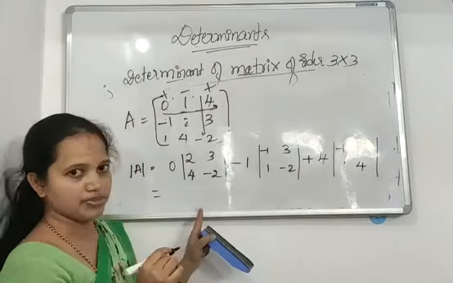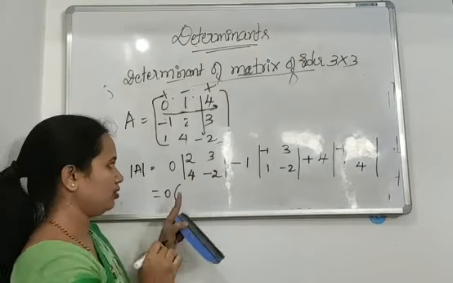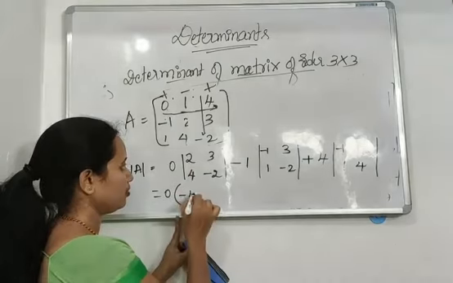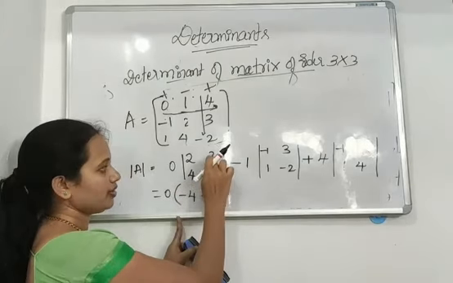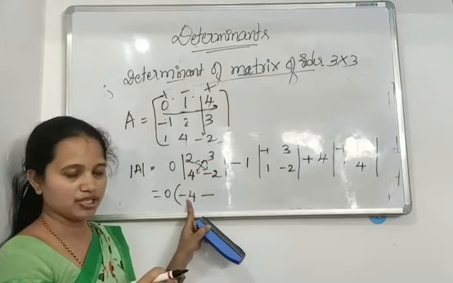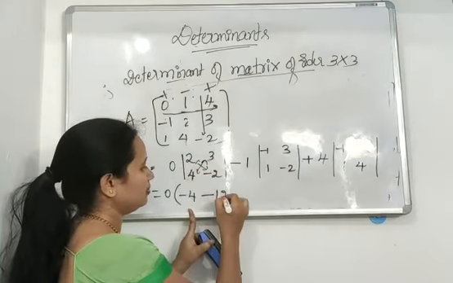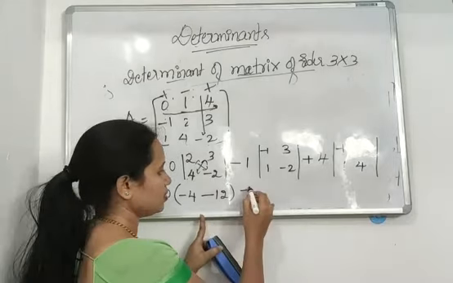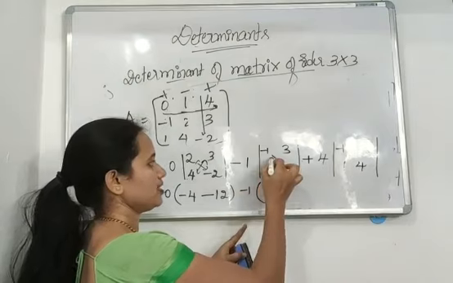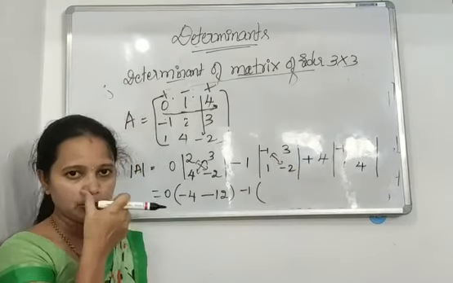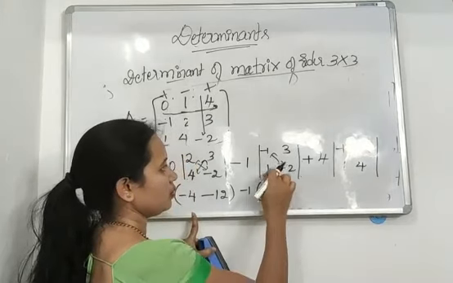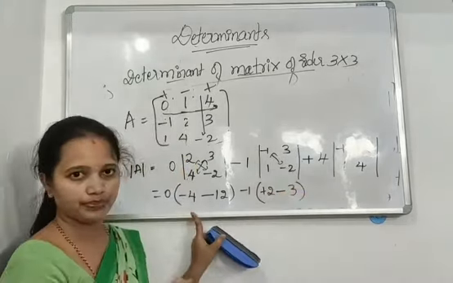So simplify the terms. 0 into, cross multiply the diagonals, 2 into minus 2 minus 4 3s are 12. Minus 1 into, again cross multiply the diagonals. First this diagonal: minus 1 into minus 2 plus 2, 1 into minus 1 into 3, 3.